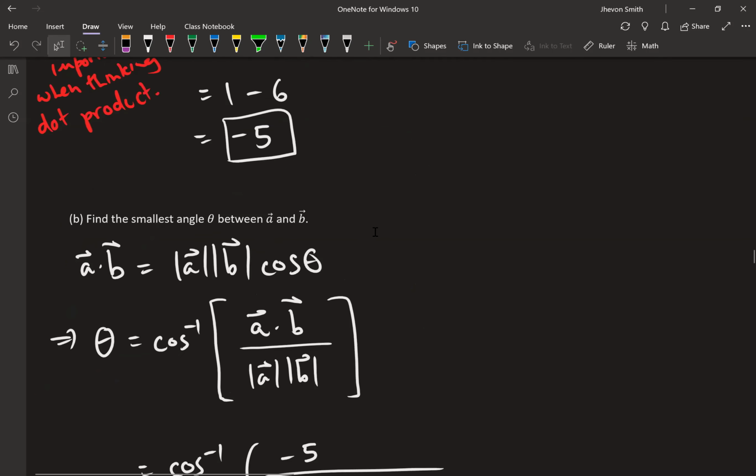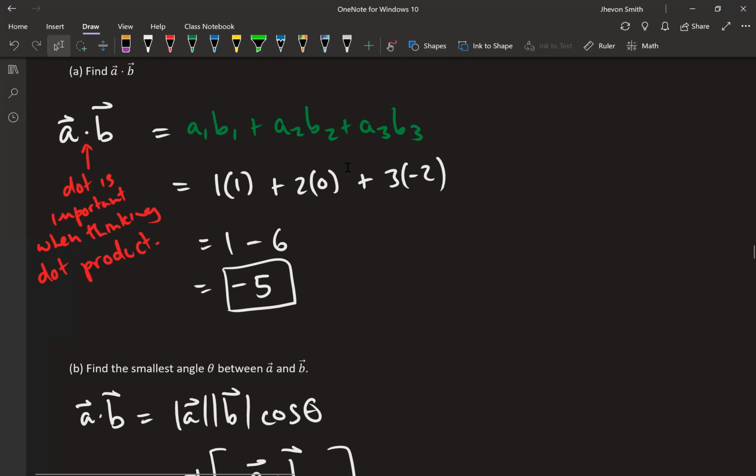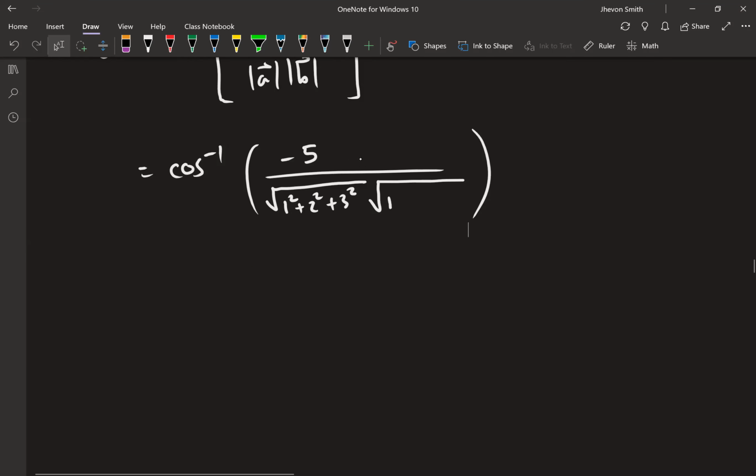Magnitude of A, magnitude of B. So A is 1, 2, 3. So this is going to be the magnitude of 1 squared plus 2 squared plus 3 squared, times the magnitude of B, 1, 0, minus 2. So it's going to be 1 squared plus 0 squared plus minus 2 squared.